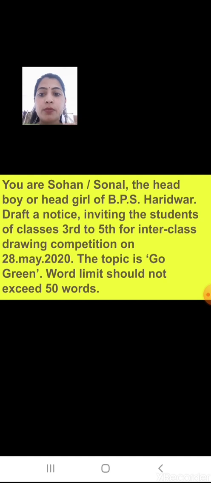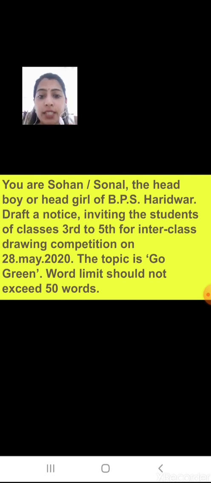Write down, you are Sohan or Sonal. Boys will write Sohan and girls will write Sonal. All right, you are Sohan or Sonal, the head boy or head girl of BPS school, Haridwar.